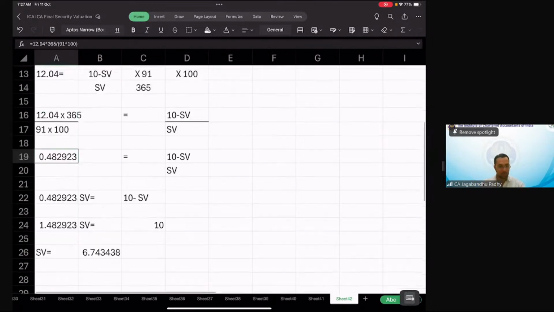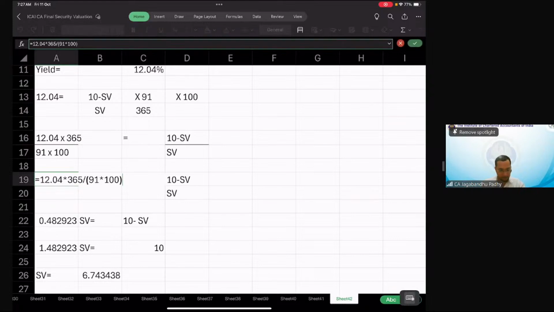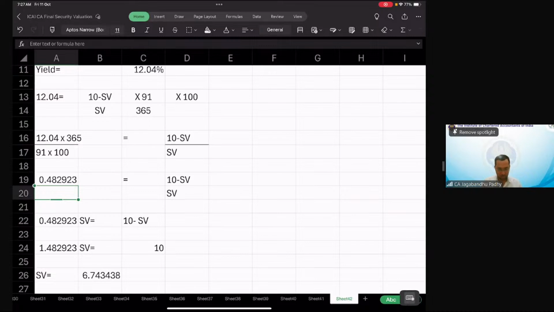One second, there is some problem. 12.04 into 365, divided by 91 into 100.